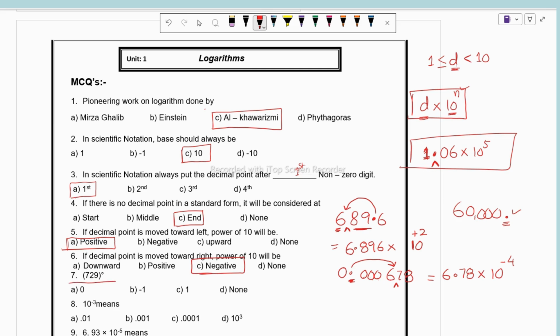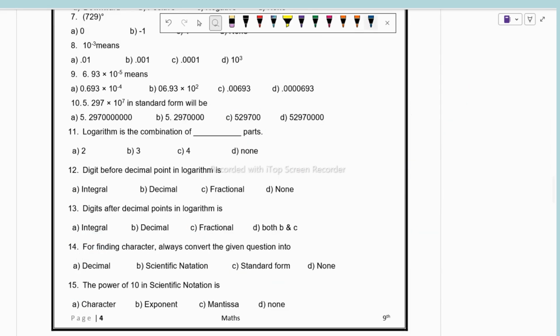Class, you know very well, in the previous chapter when we discussed the laws of exponents, we studied that if the exponent of any number is 0, then that number will be equal to 1. So 729 raised to the power 0 is equal to 1. So option number C is correct. MCQ number 8 is 10 raised to the power minus 3.